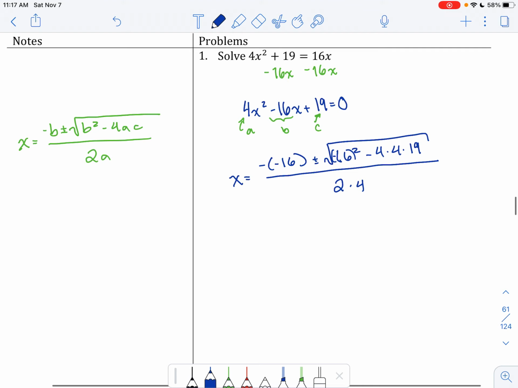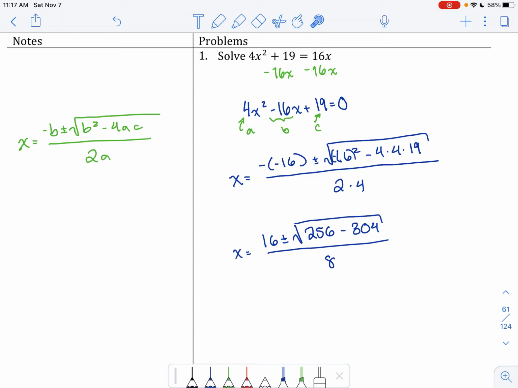And from there it is some arithmetic. So I'll say this is now 16 plus or minus the square root of 256 minus 304 all over 8.